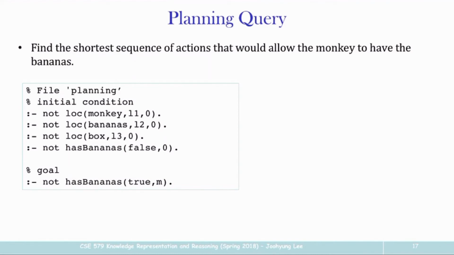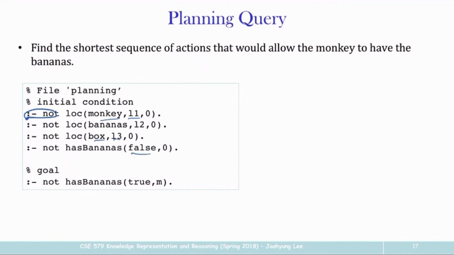All right. So, what is the initial condition? You just think about this as a double negation, which doesn't do any harm. But think about this as a constraint. What it says is monkey is at L1 initially, bananas is at L2, and box is at L3, and the monkey does not have the bananas initially.